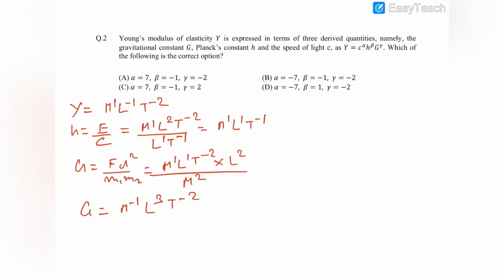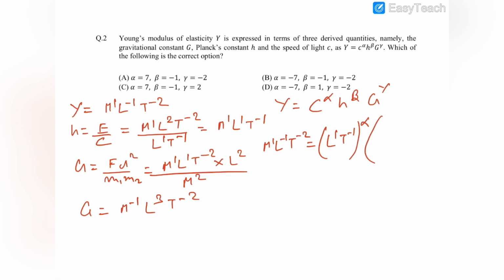Now we know that Y is equal to c to the power alpha, h to the power beta and g to the power gamma. So the dimensions of Y are M1 L minus 1 T minus 2, and the dimensions of c are L1 T minus 1. Dimensions of h are M1 L2 T minus 1, and dimensions of g are M minus 1 L3 T minus 2.